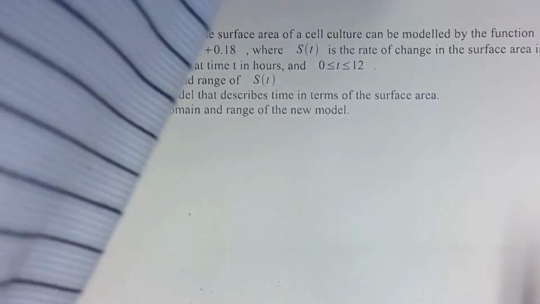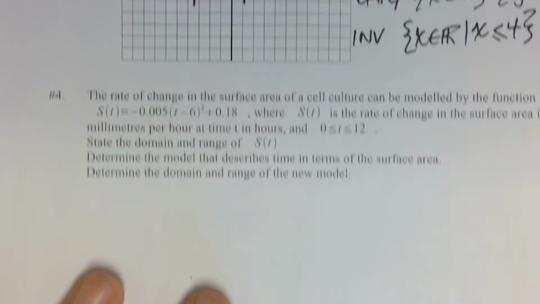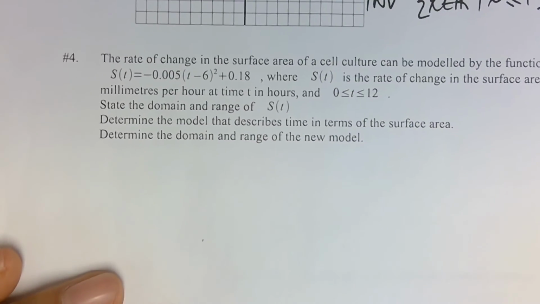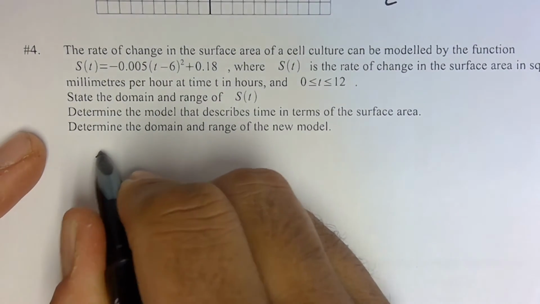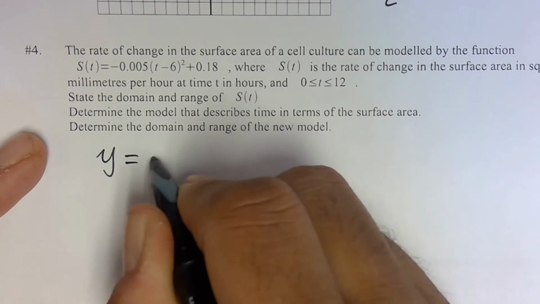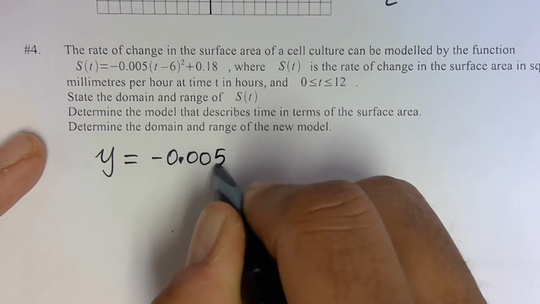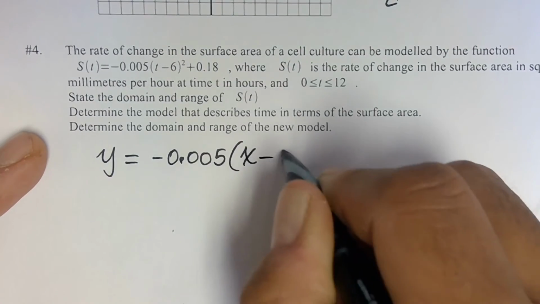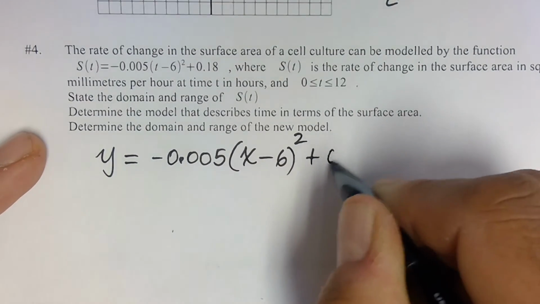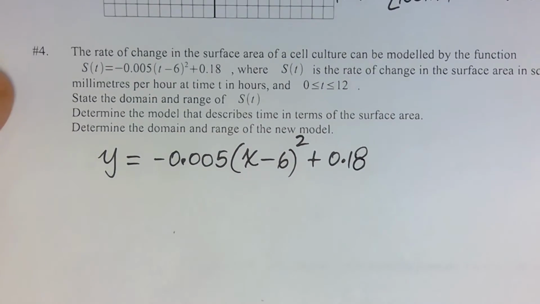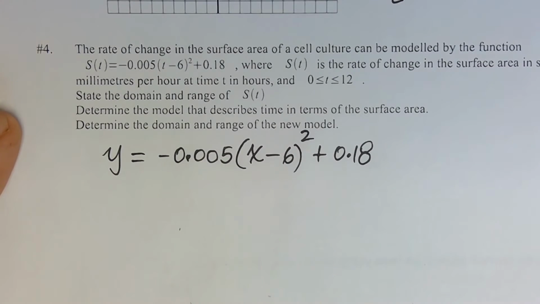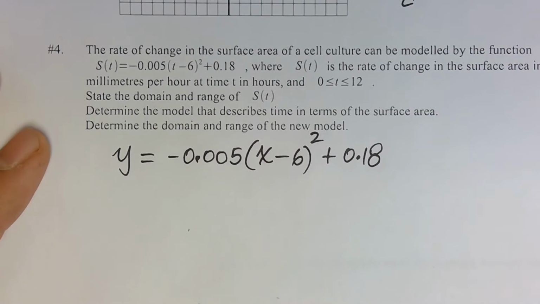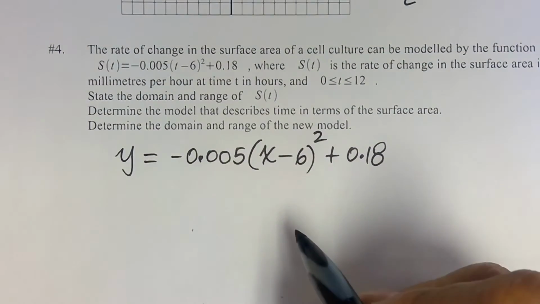so I've got my original function there. So I've got s and t. I interchange t, my independent variable, for x, and s for y. Okay? Everywhere I have y, I'm going to write x.